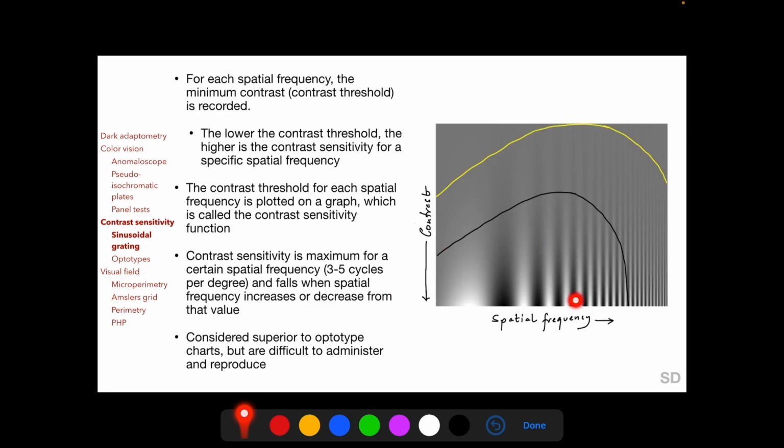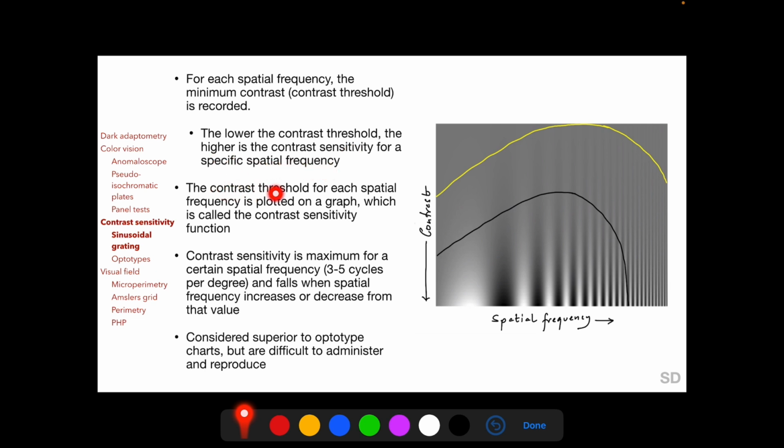So with this sinusoidal grating, for each spatial frequency, the minimum contrast is recorded at which the blurred bar can be identified and then disappears. And this minimum contrast is called the contrast threshold for that particular spatial frequency. And the lower the contrast threshold, with less contrast occurring in the positive y direction, the higher is the contrast sensitivity for a specific spatial frequency.